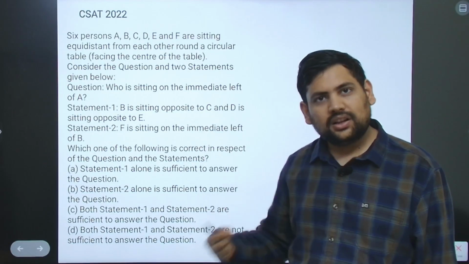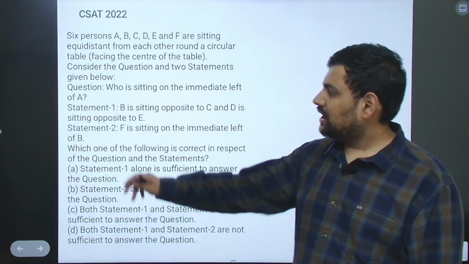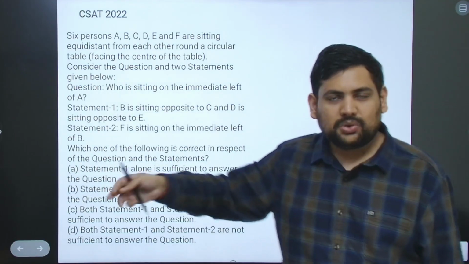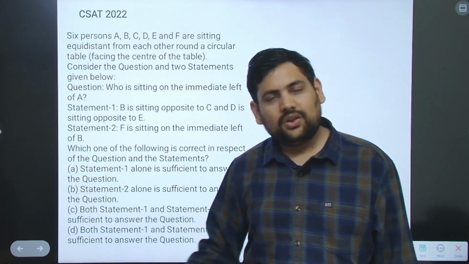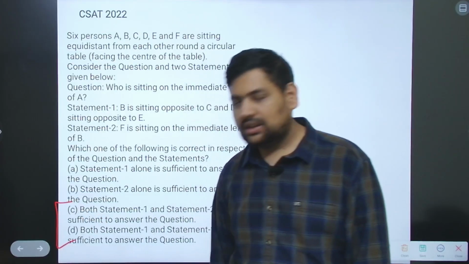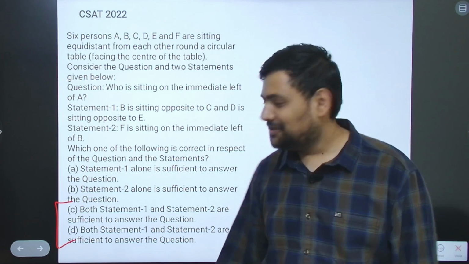How will they explain the arrangement of all of them? So it is very difficult. In most cases you will find that either both statements are enough to answer the question, or both statements are not enough. So mostly you will find the answers somewhere in C or D. Just something that works most of the time.